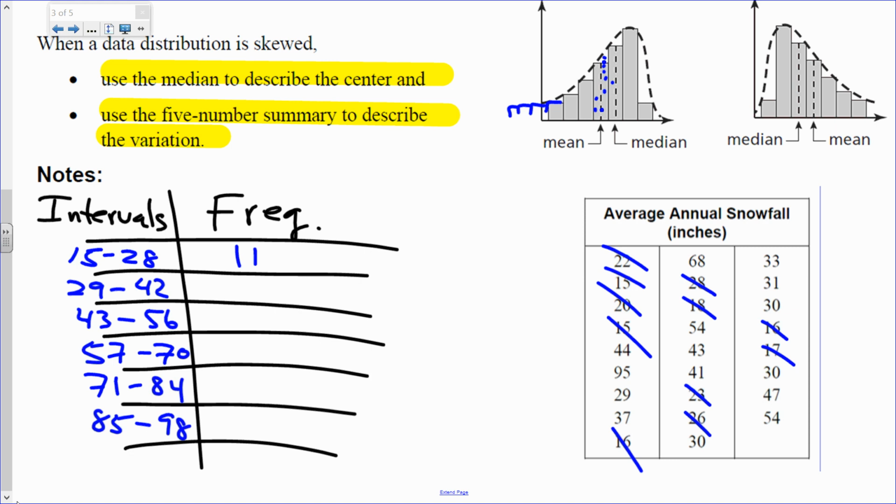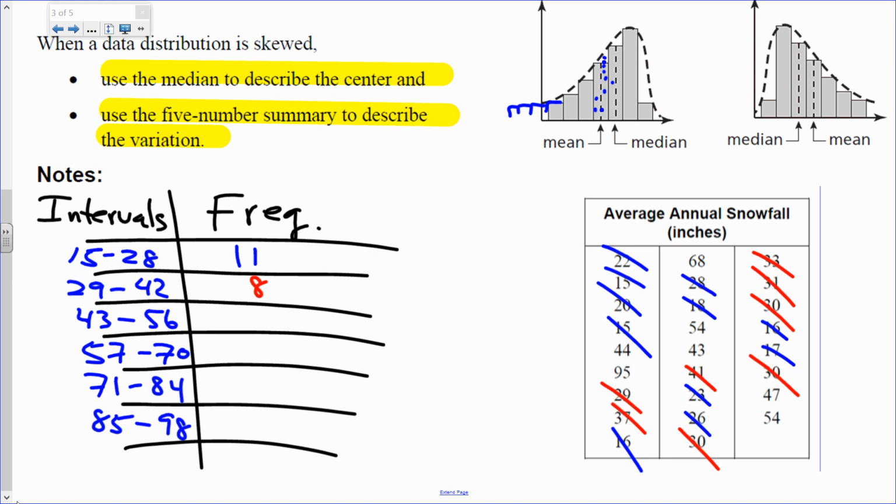Use a different color. 1, 2, 3, 4, 5, 6, 7, 8. 8 of those puppies. Question so far? It's pretty straightforward, nothing too crazy right now. It's not high-level math. It's can you follow directions and focus?